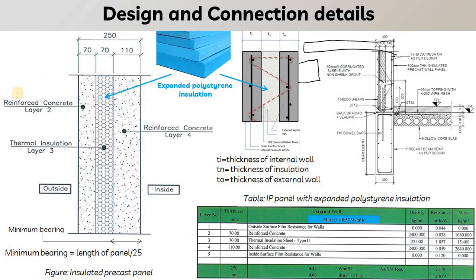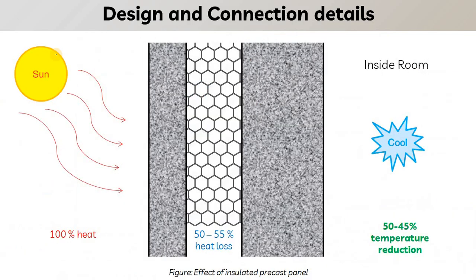This is generally an insulated panel, most probably used as an external wall panel to reduce the heat that penetrates through the wall, and it will make the room cooler compared to the outer environment. Here is the best example to understand this concept.